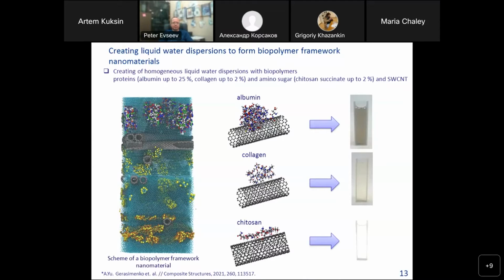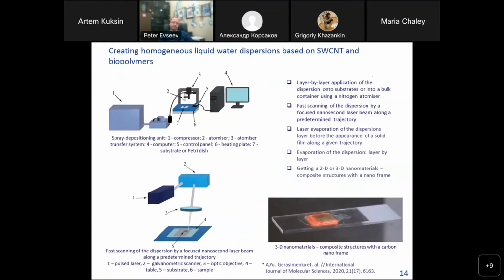We have chosen the proteins albumin and collagen and the amino sugar chitosan. Next, we made homogeneous aqueous dispersion media with these biopolymers and with nanotubes. This slide shows how we create our biopolymer nanomaterials. First step, we applied the dispersion layer by layer to the substrate.